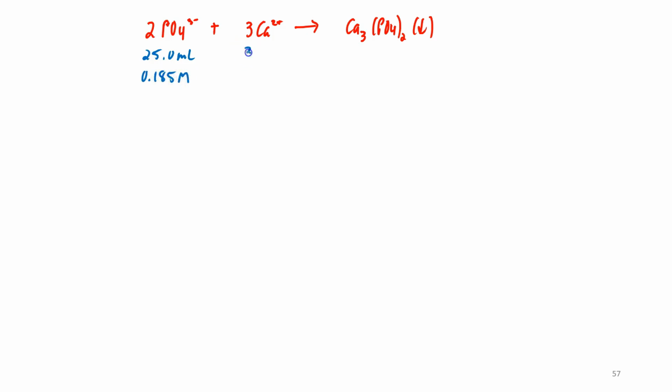And for calcium, we had 34 milliliters and the concentration was 0.140 molar calcium ion. So which reactant, phosphate or calcium, determines how much product I can get? Well, it's going to be the limiting reactant, so I've got to determine which one is the limiting reactant.